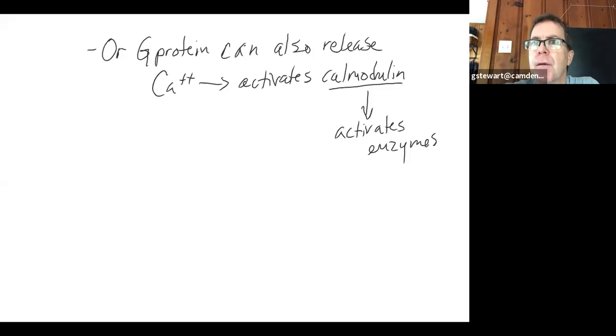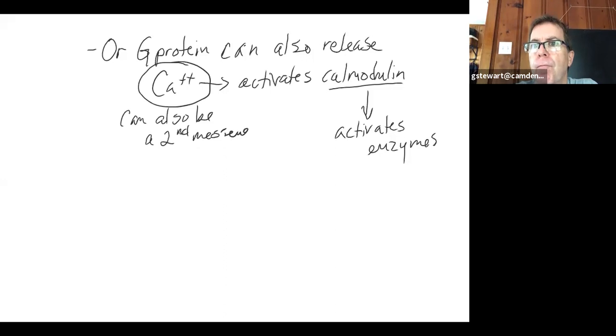So calcium can also be a second messenger. Cyclic AMP is not the only one. So the cell typically releases second messengers in response to extracellular signaling molecules, first messengers like hormones.